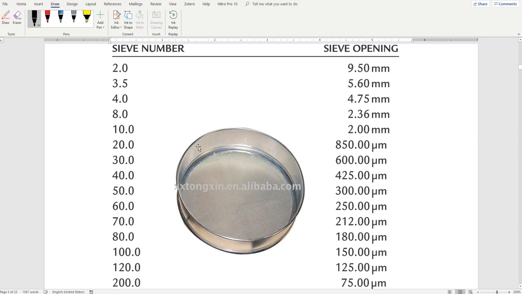You see, this is the wall of the mesh, and it's housed inside a wall. And this mesh contains apertures. Usually they are square apertures. And the wires can be made from brass, stainless steel, copper.